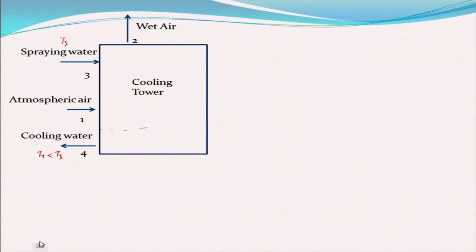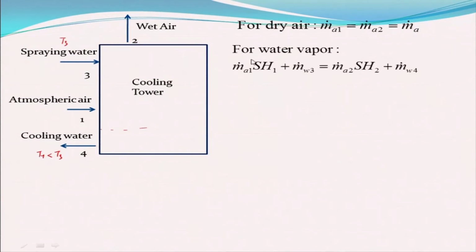So if you look at what we will do, we will do the mass balance for the dry air. That is, mass flow rate of air at station 1 is equal to mass flow rate of air at station 2, equal to mass flow rate of air. And we will do the water vapor balance.